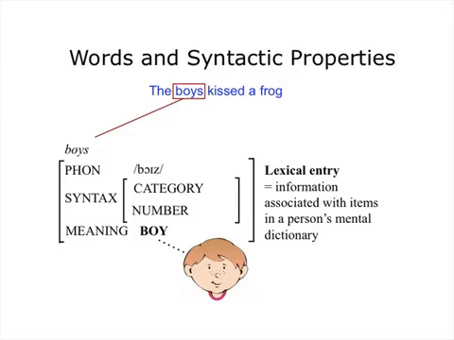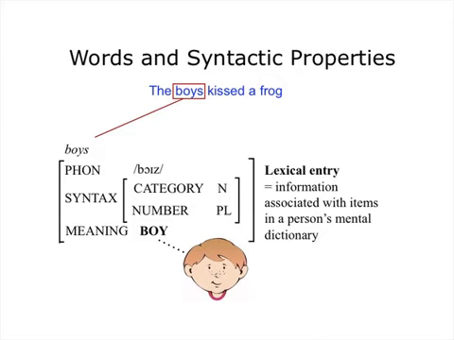For English, you don't really need a lot there, but you're going to need the category, and number is going to be important here too, because this is going to be boy in the plural form, and that's going to be relevant to where you can put it in sentences and what it can combine with. So that's all part of, at least on one take, what the lexicon would consist of.